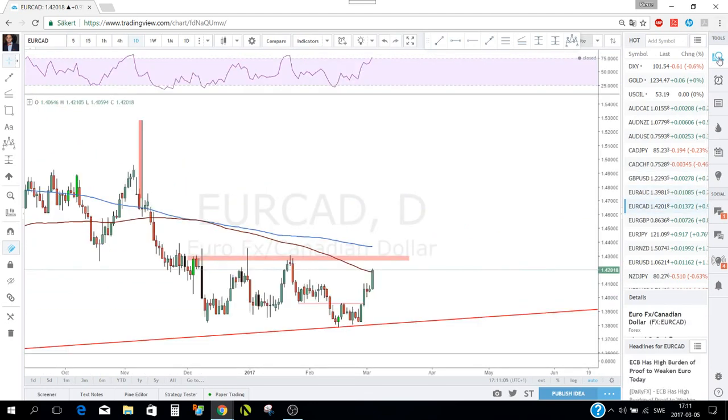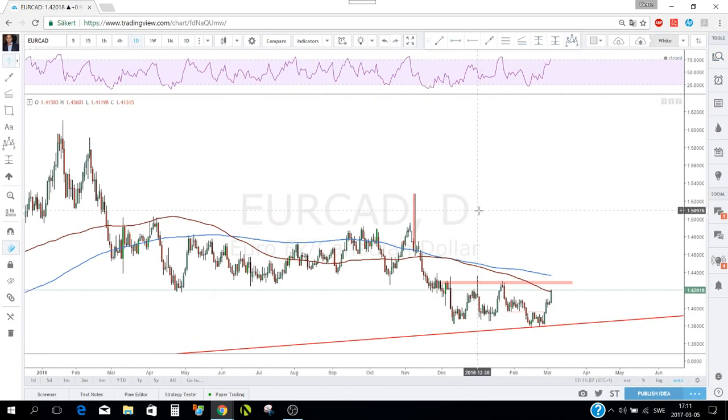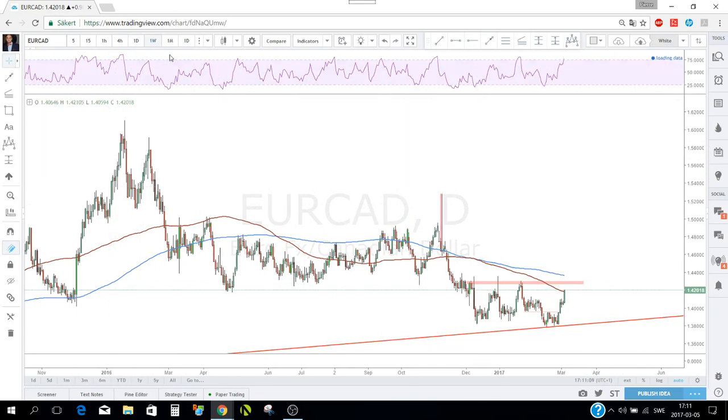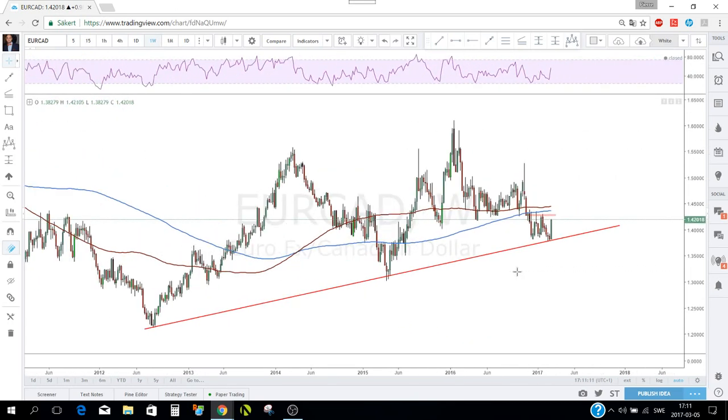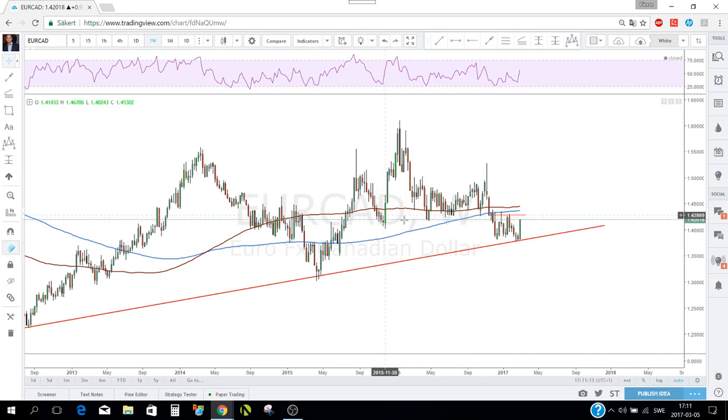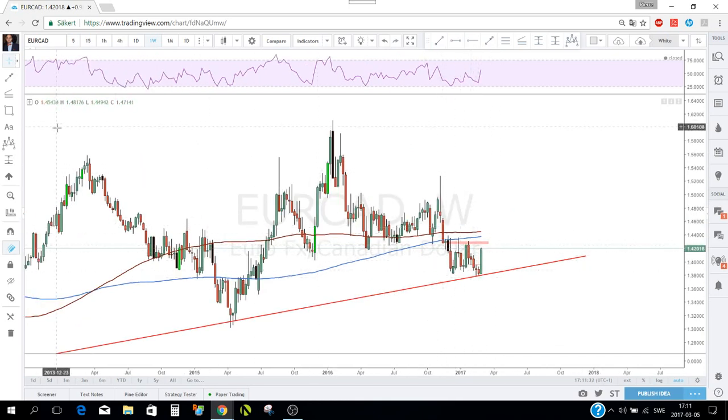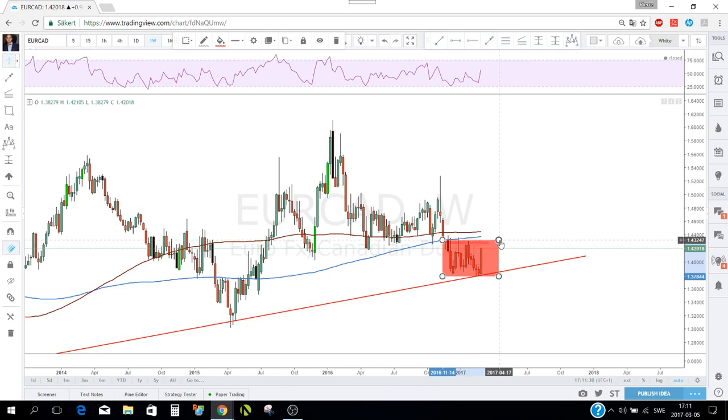EuroCAD, same scenario, same situation, very low price level. Let's go to the weekly, and as you see here, we did break the 200 moving average back down, and we had this ugly range here since November last year, where price has been ranging up and down.